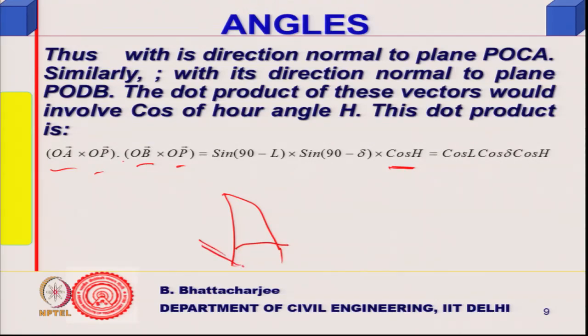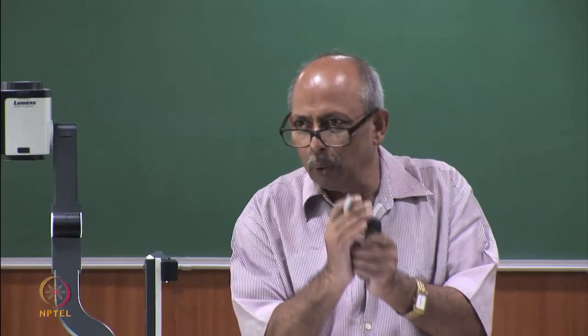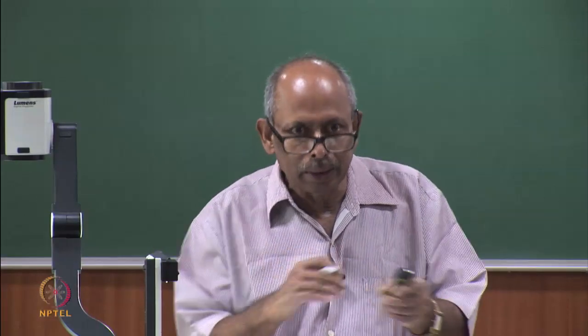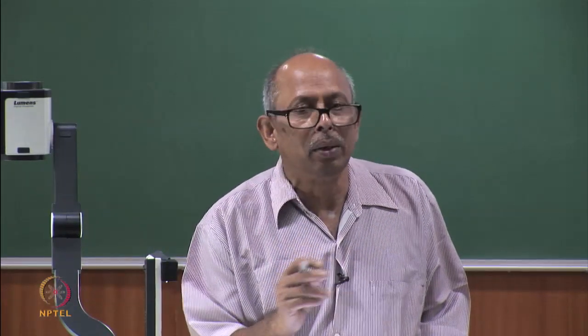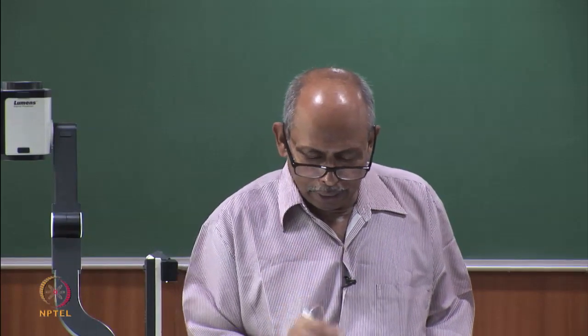Now, the angle between these two, their projections, this is the hour angle, because we said the sun ray will coincide, or it will lie in the plane joining north pole and equator, the projection of the north pole onto the equatorial circle. So, it will lie on that plane at 12 noon, any other time it will be deviated by the hour angle. So, included angle is the hour angle, and that is what it is.